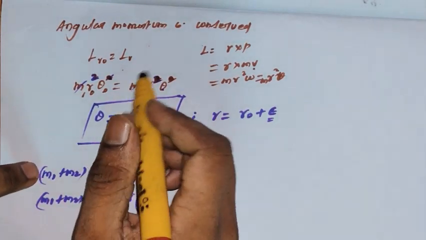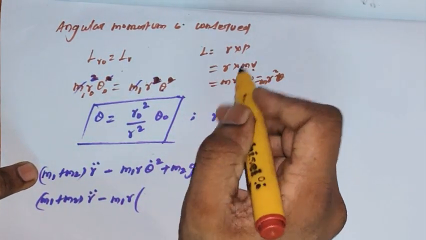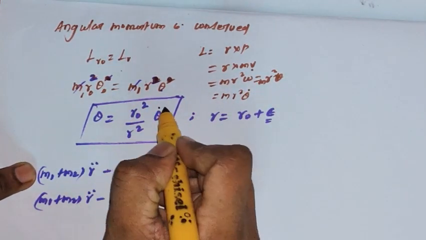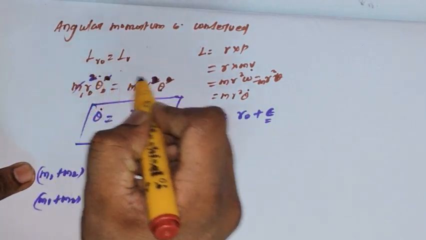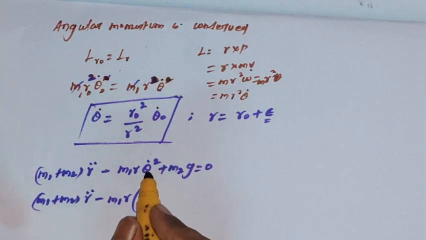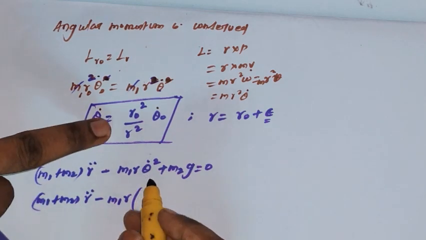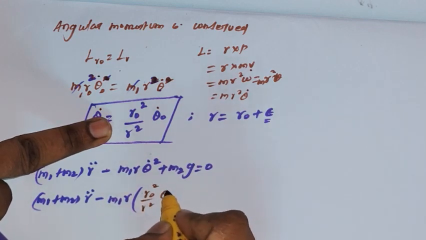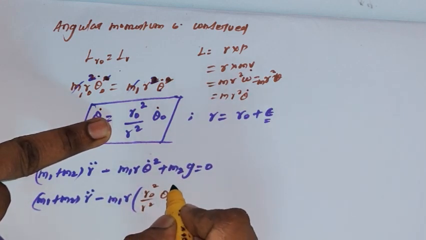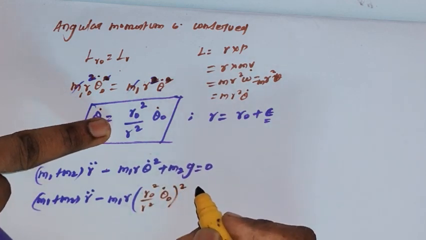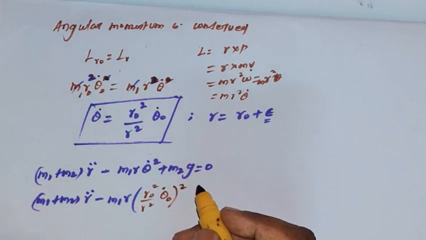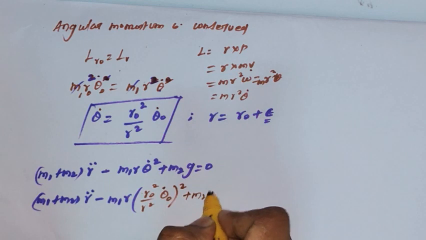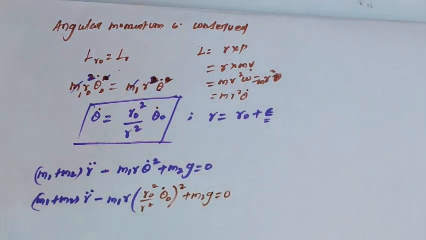One small correction: this is r cross omega, omega is nothing but theta dot, so it is theta dot throughout. Hence theta dot square is equal to r naught square by r square times theta naught dot, whole square. So that would be plus m2 g equal to 0.